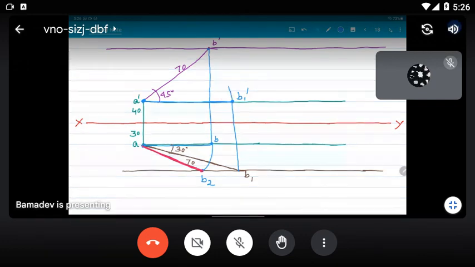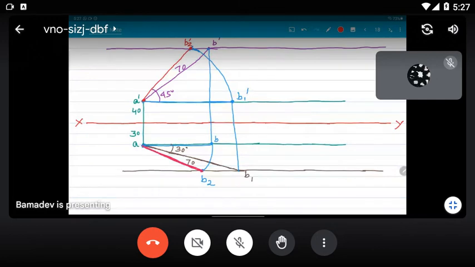Make an arc over here, which will cut here, and join this point, B2 dash.